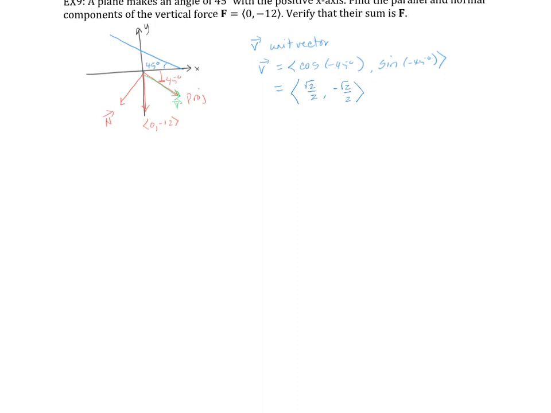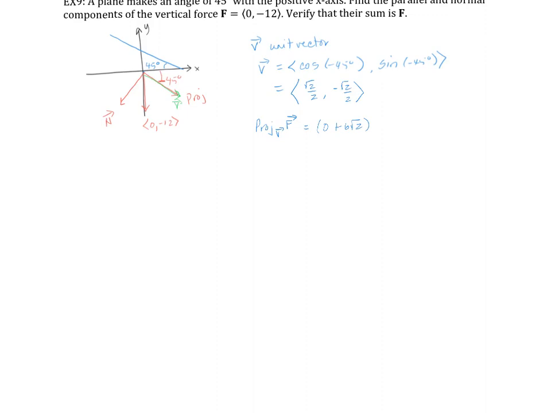So my projection vector of my force vector onto my vector v is going to be f dotted with v, so that would be 0, negative 12 times negative square root 2 over 2, which would be a plus 6 square root of 2.